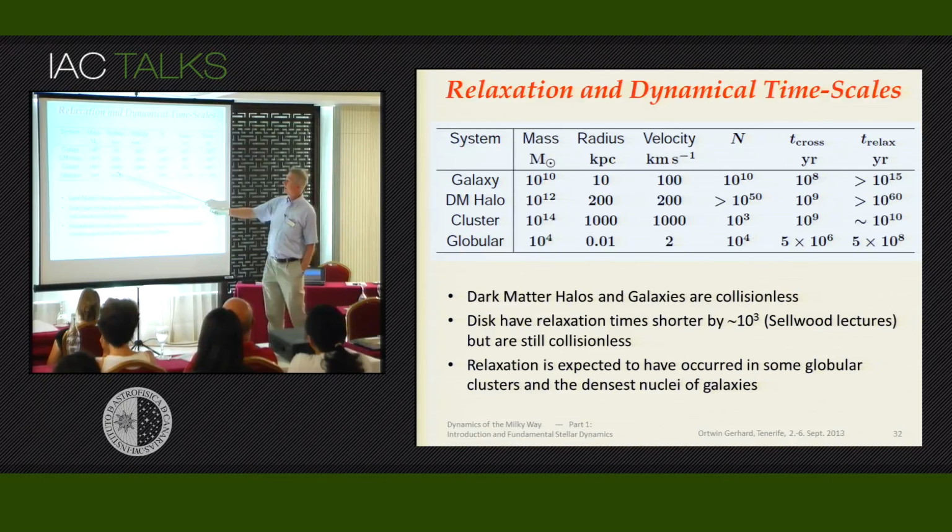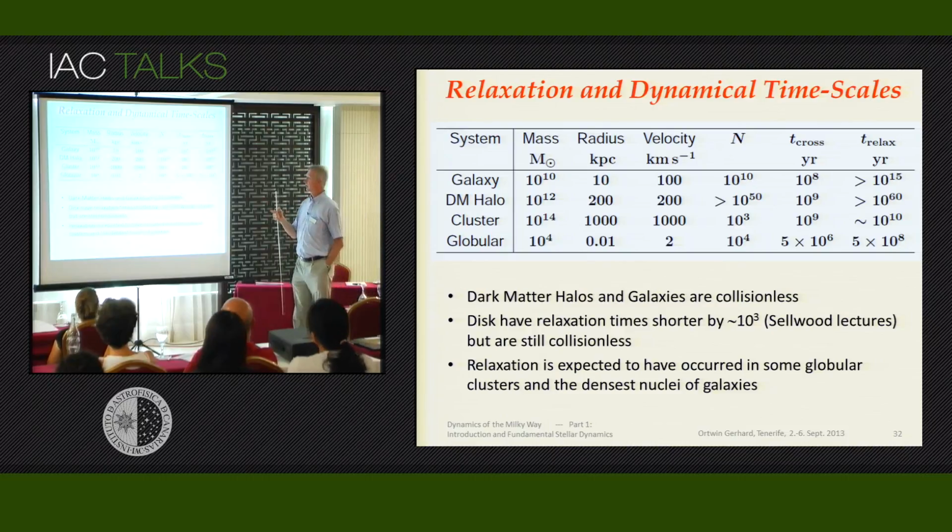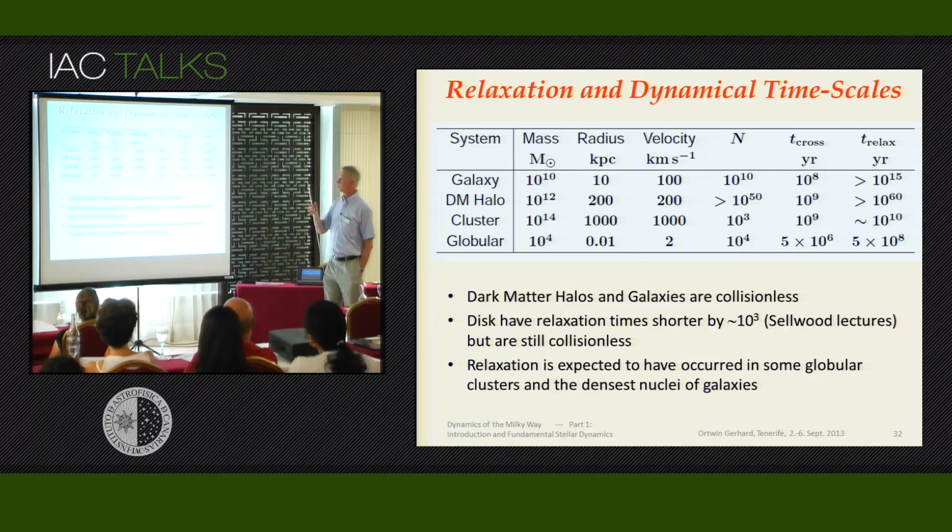And for a globular cluster, if the mass is this, then you can have relaxation important in the evolution of the system. And this may, depending on the parameters, carry over to some of the densest star clusters in the nuclei of galaxies also. But they tend to be generally more massive, and also velocities are larger, and so relaxation times tend to be longer also.